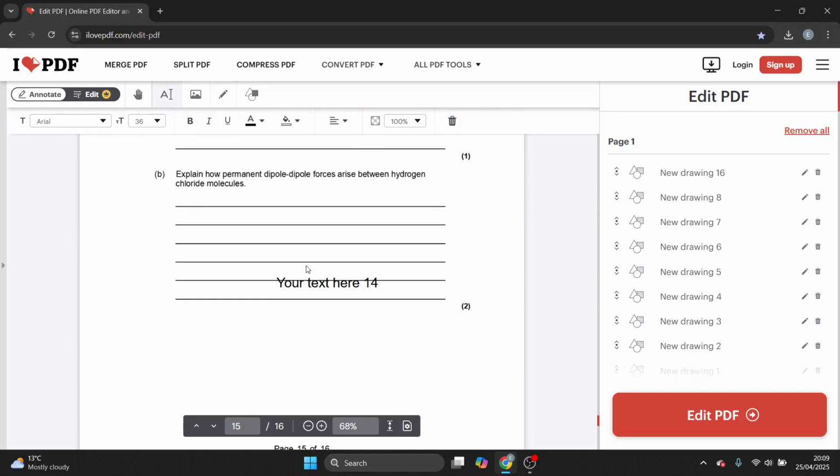Explain how permanent dipole-dipole forces arise between molecules. Difference in electronegativity leads to bond polarity.